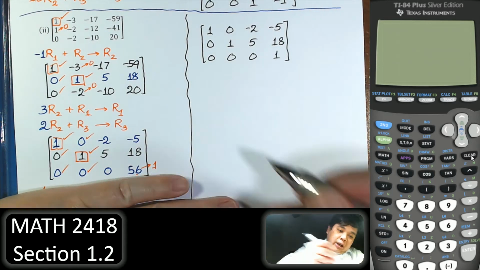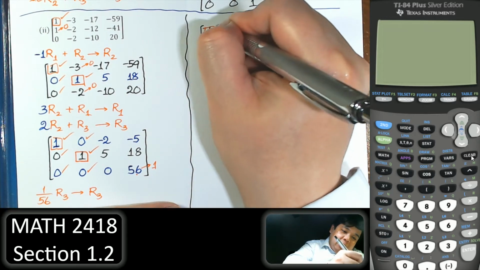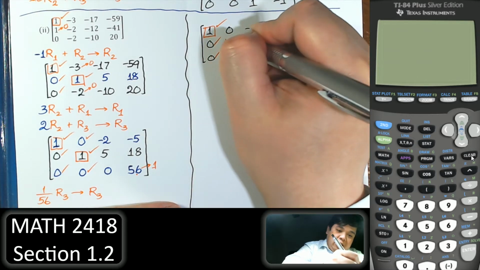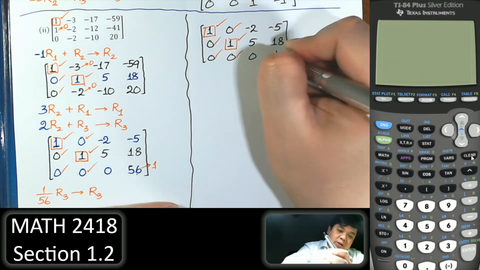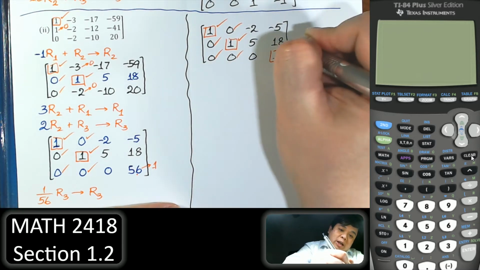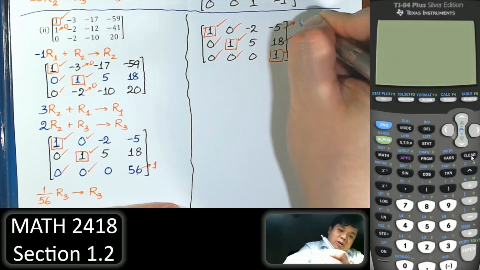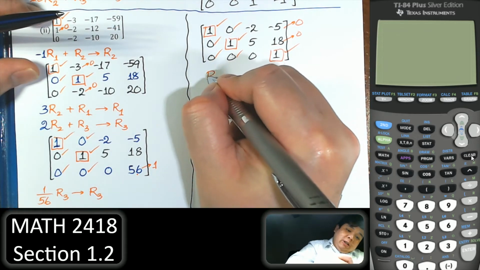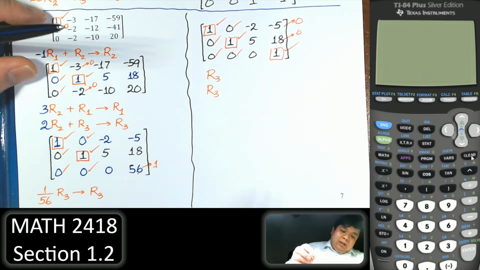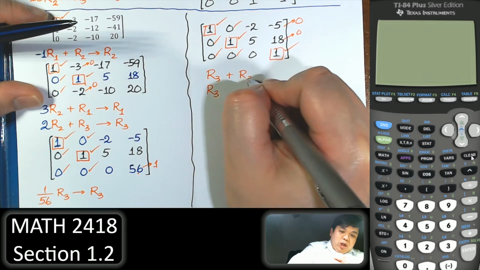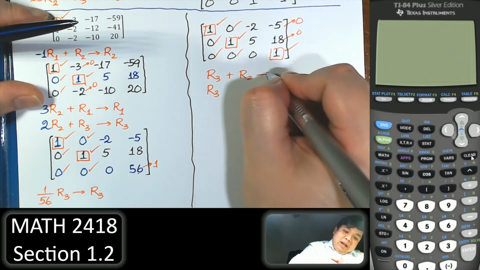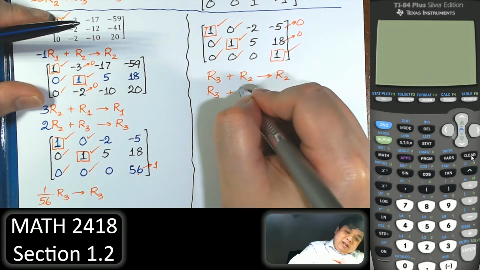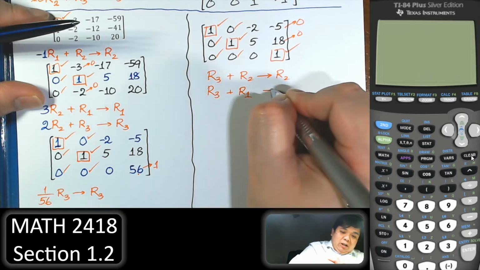Right, now pivot, everything in that column is 0. The next pivot is here, everything in that column is 0. The next pivot, which is good, we need to turn that to 0 and that to 0. So now the pivot is on row 3, we will eliminate in row 2 and eliminate -5 in row 1.